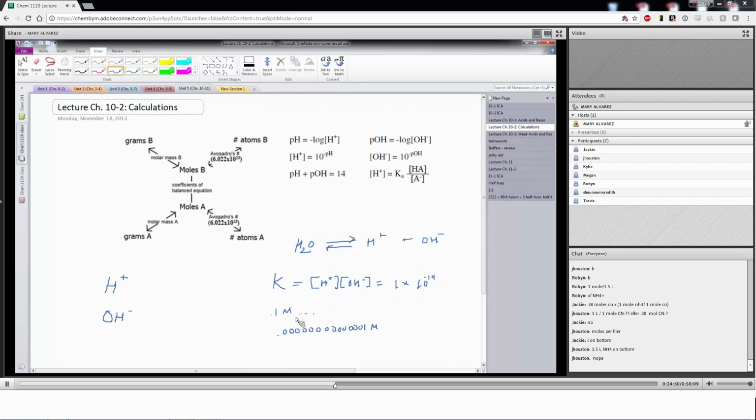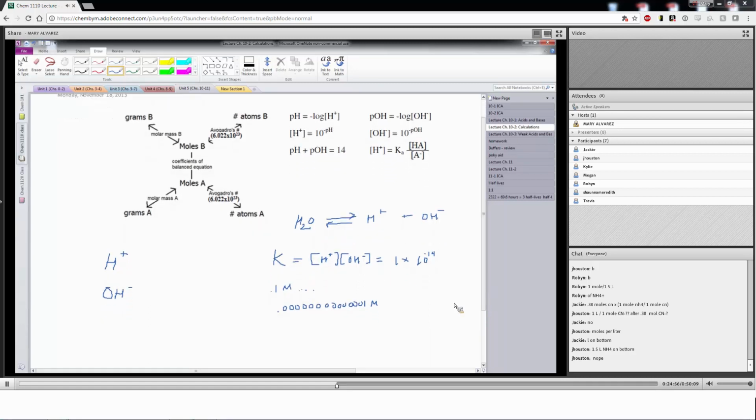So in order to avoid dealing with numbers across such a wide range, we take the log of those numbers, log base 10. And in fact, because these numbers are smaller than 1, we take the negative log to make it a positive number. And so we're going to take the negative log of the H plus concentration to find what we call the pH, and the negative log of the OH minus concentration to find what we call the pOH.